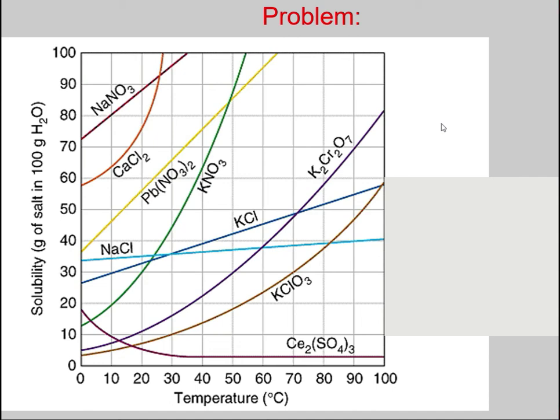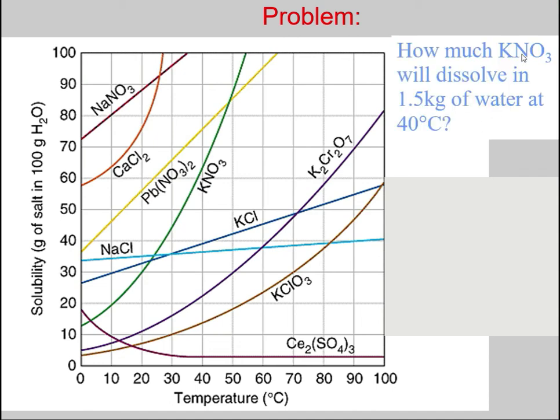Let's try this one. How much potassium nitrate will dissolve in 1.5 kilograms of water at 40 degrees? Well, first we read the chart. 40 degrees, got the potassium nitrate. I see that about 63 grams of potassium nitrate can dissolve in 100 grams of water.